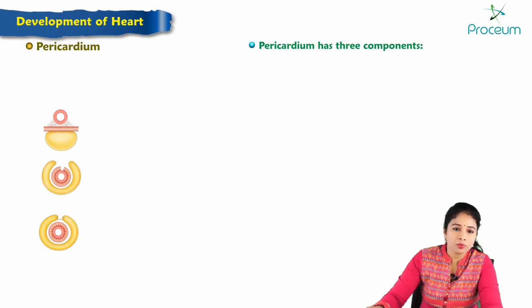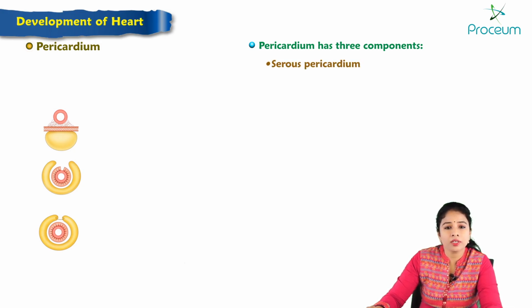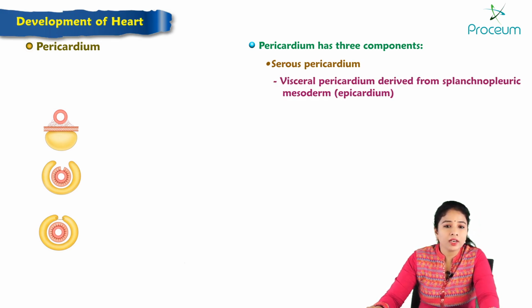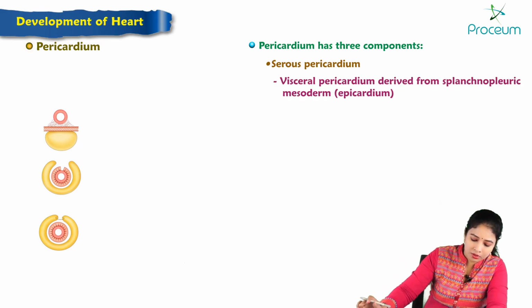The pericardium has three components: the serous component, which contains visceral pericardium and parietal pericardium, and the fibrous component. First the serous component. The visceral pericardium is derived from the splanchnopleuric mesoderm.